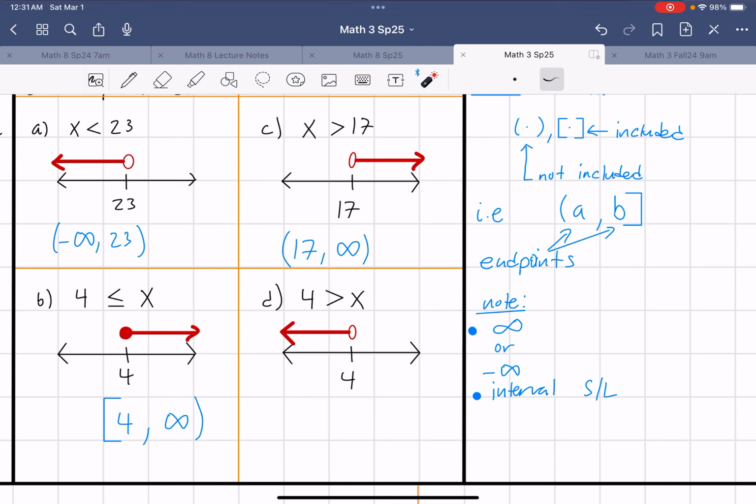In the other examples, that's not the case, but in this one it is. One more, we have negative infinity to 4. And neither are included. Because 4 is not included, so is negative infinity not included.